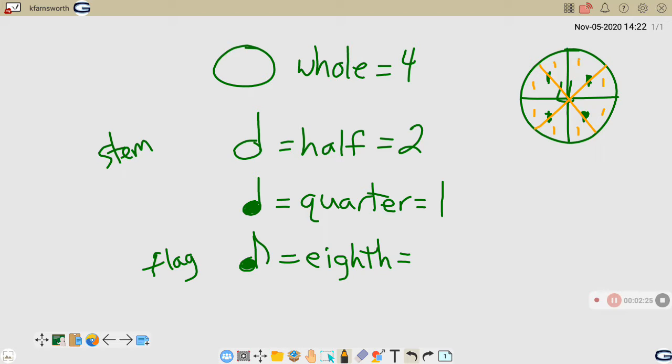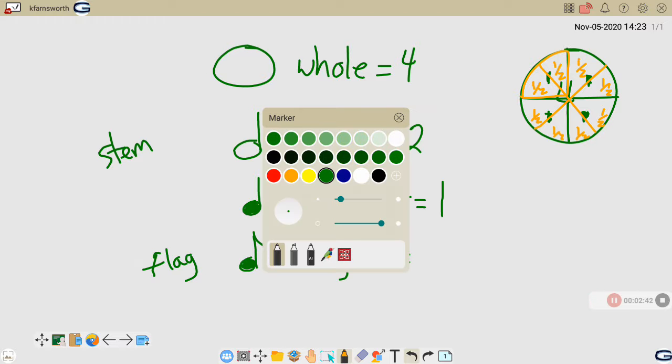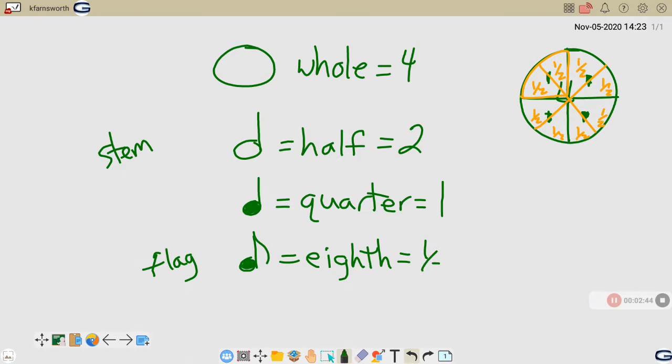And each one of those 8 parts, since this was worth 1, now each one of those parts is worth a half. So each one of these is a half. So my eighth notes are worth 1/2 of 1 beat.